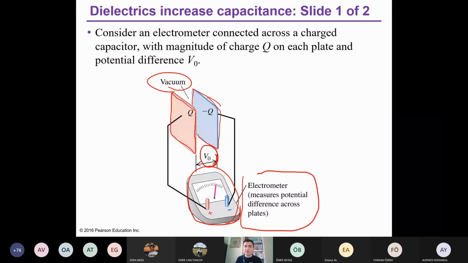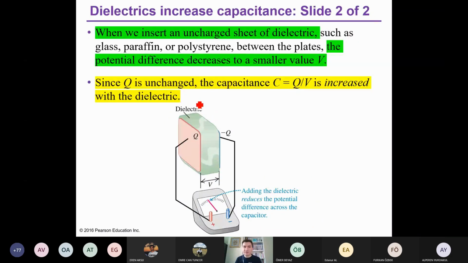When we insert a dielectric material between the plates, this can be glass, paraffin, polystyrene, or mylar, okay? We just put here an uncharged dielectric material. And in the electrometer, we see that this V is reduced.